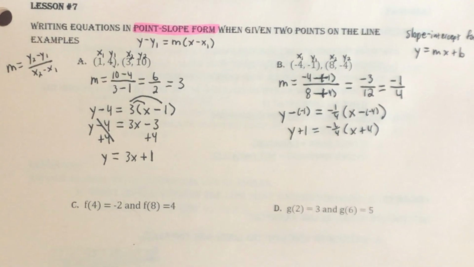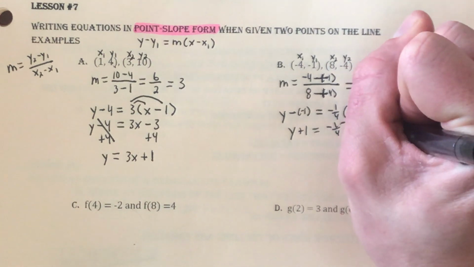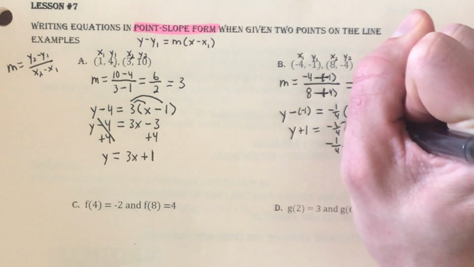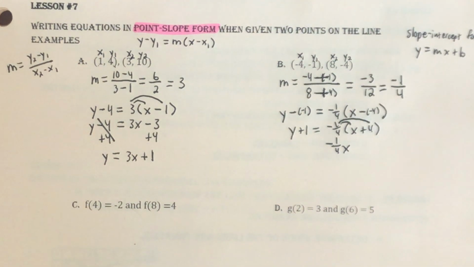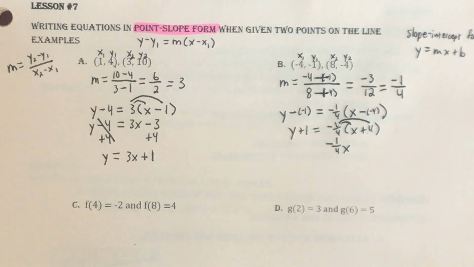But again, let's get that practice of getting down to slope-intercept form. So the first thing I want to do, clear my parentheses through distribution. So -1/4 times x is -1/4 x. And then -1/4 times +4. Well, that's like taking 4 and dividing it by 4, because that's going to become -4/4.